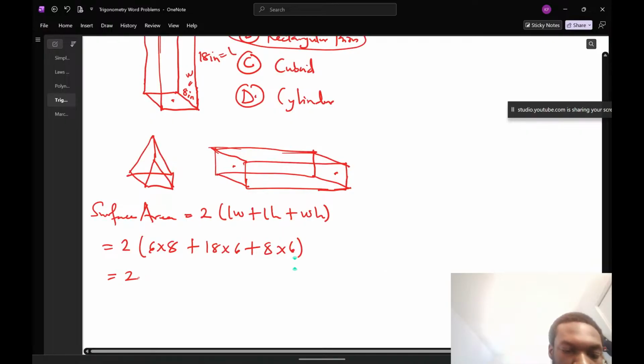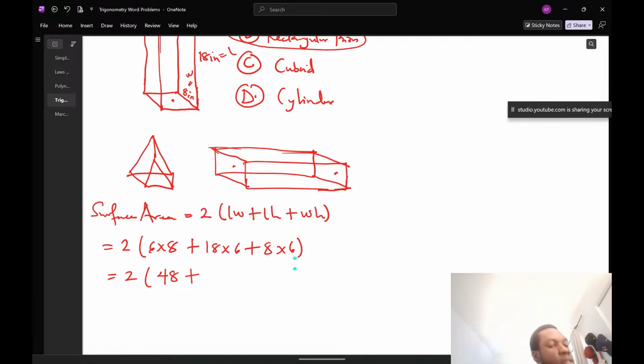So that will be equal to 2 into 6 times 8 is 48, plus 18 times 6 is 108, plus 8 times 6 is 48. So 48 plus 48 is 96. 96 plus 108 will give us 204.